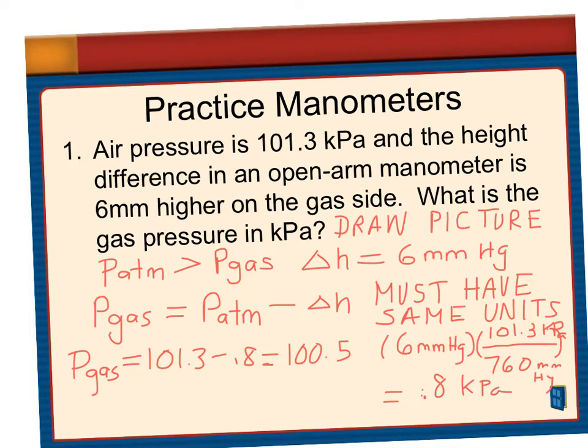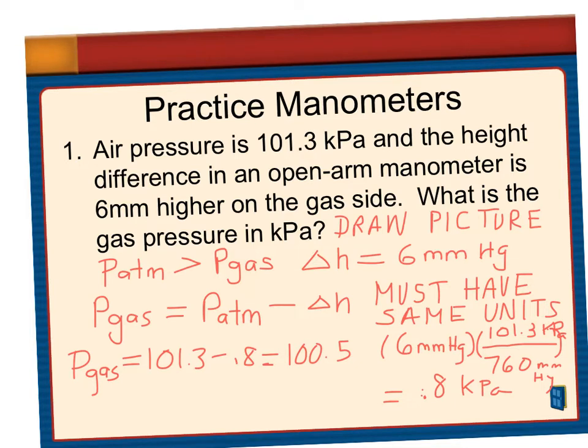Because the gas pressure is less than the atmospheric pressure, we will subtract the delta H off of the atmospheric pressure. We must have the same units, and therefore we must convert 6 millimeters of mercury into kilopascals using the conversion factor of 760 millimeters of mercury equal 101.3 kilopascals.